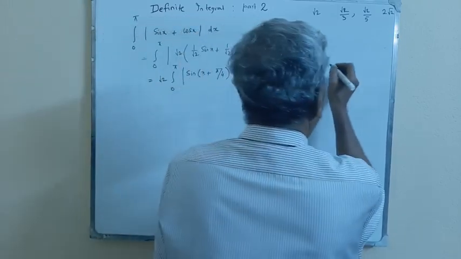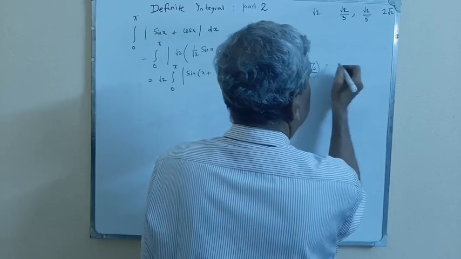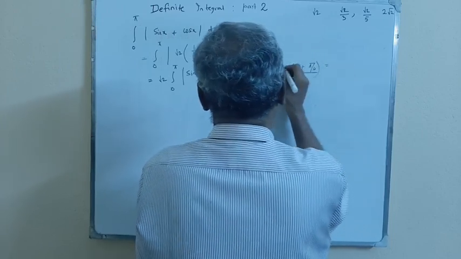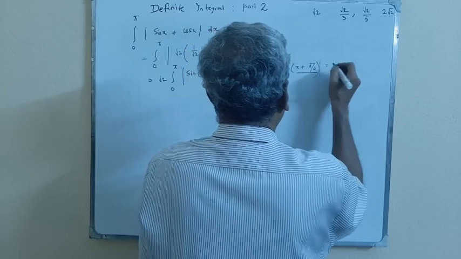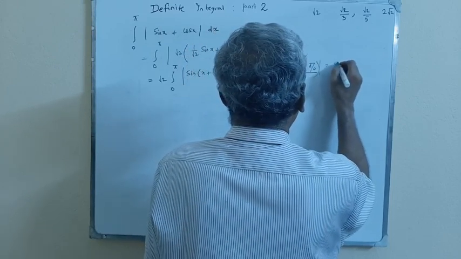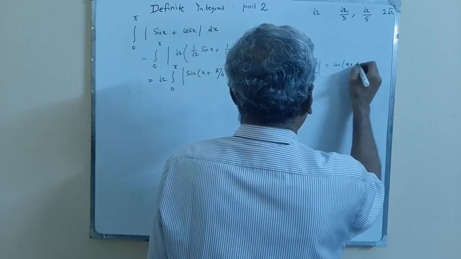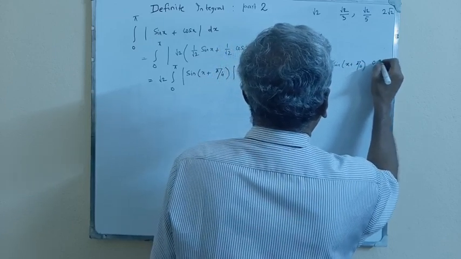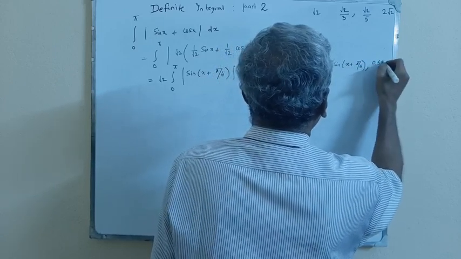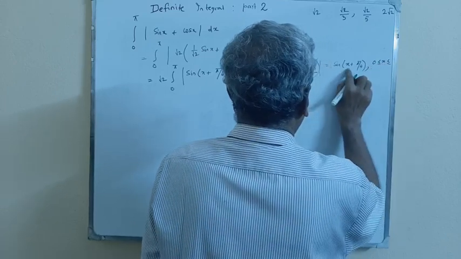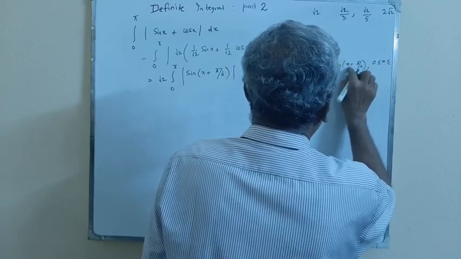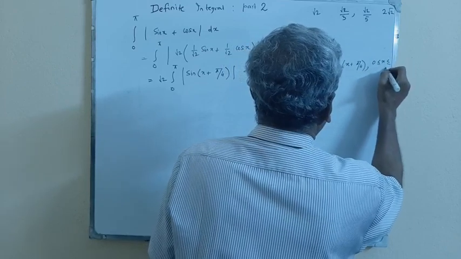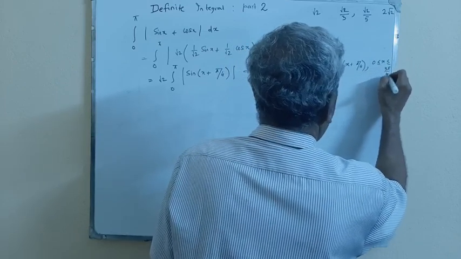So mod of that is equal to sine of x plus pi by 4, and the range is from 0 less than or equal to x less than or equal to 3 pi by 4.